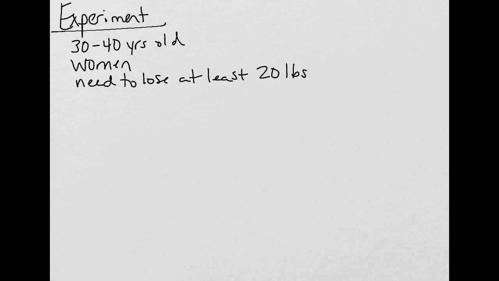Okay. All right, let's say that they can't have any other health problems. And you'd probably have a lot of things that they couldn't have besides, they couldn't have had bariatric surgery, they couldn't have had any kind of digestive issues or other health issues. We don't want them to be on any other medications.